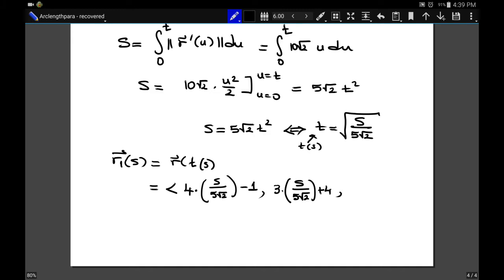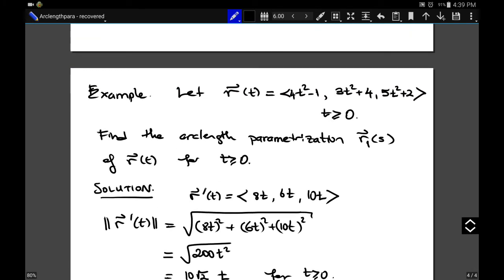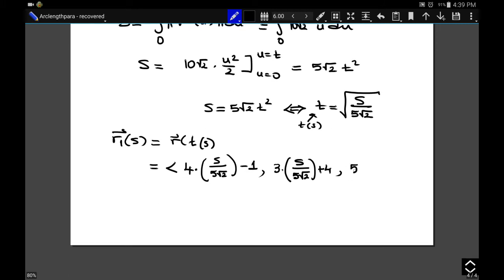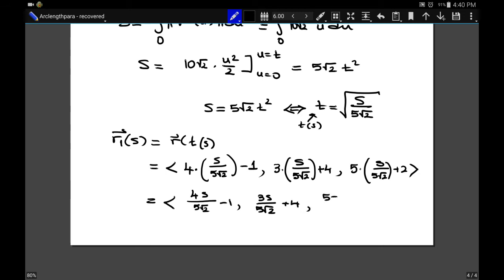And the last one is 5t squared plus 2, which is 5 times s over 5 square root 2 plus 2. So let's simplify this. You can't simplify much, but I'll rewrite it now: 3s over 5 square root 2 plus 4, and then 5s over 5 root 2, where the 5 and 5 cancel.